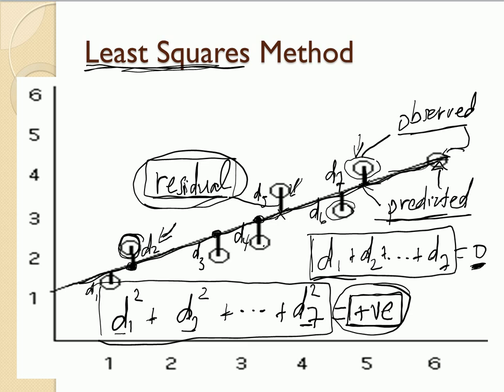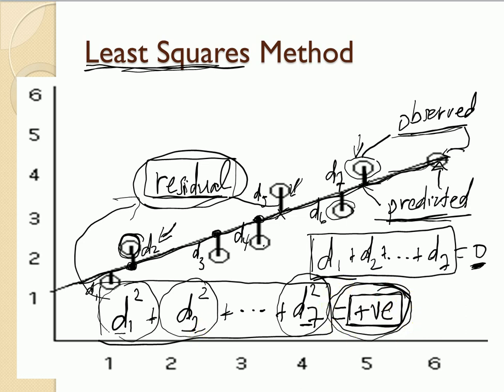We're looking for a line to fit onto the scatter plot such that the vertical distance between the observed values and the predicted values, which are called the residuals, when we square them and add them together, gives the least possible value.